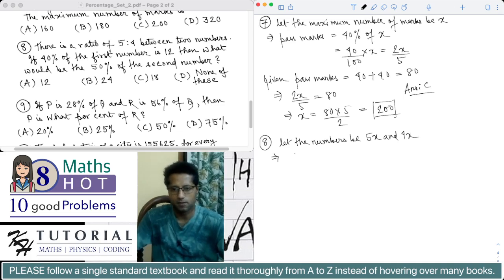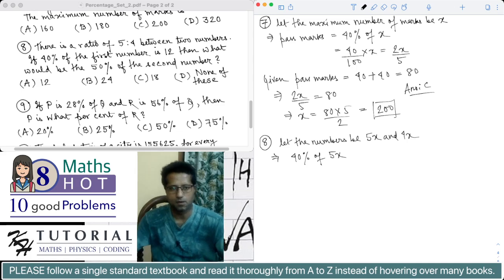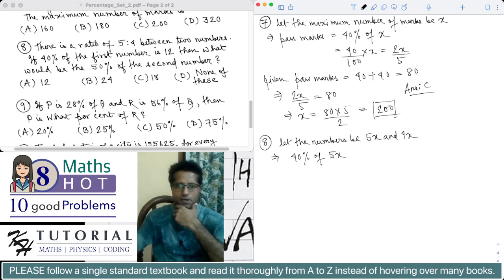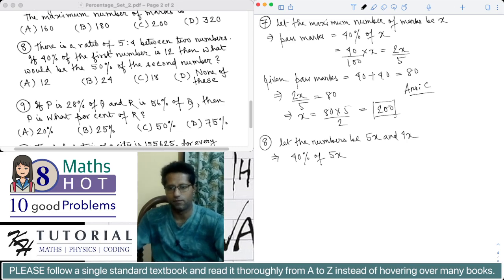The first part in the ratio corresponds to the first number. So we can say 40% of 5x is equal to 12.